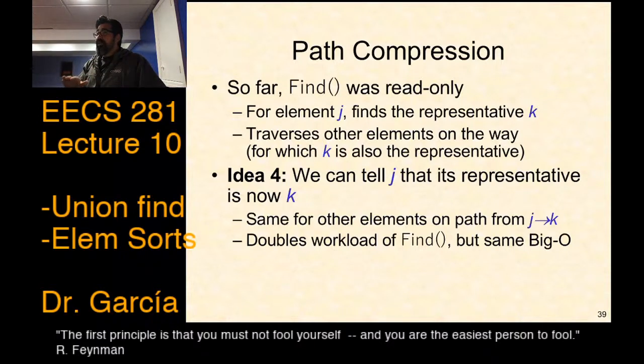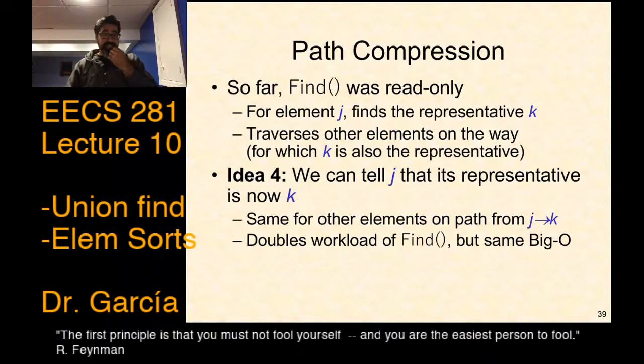So now find will be able to make updates to the representatives as I traverse along the representatives to find the ultimate root representative. Okay? And that's what's actually going to get us, as you'll see, to very fast both union and also find operations.